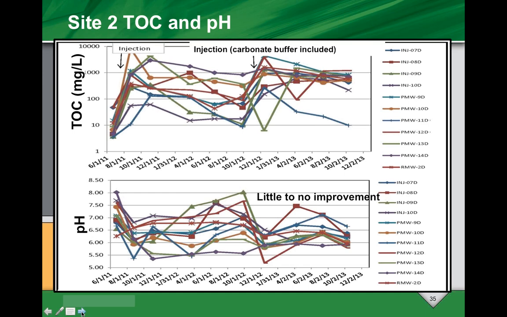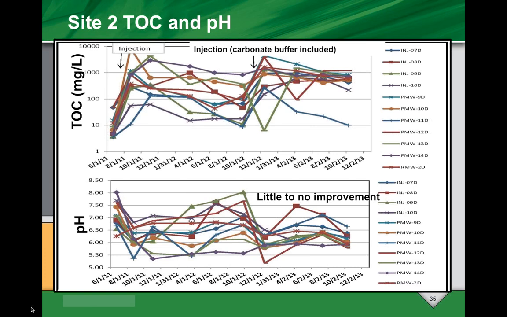Overall, we did not see where the addition of the carbonate buffer had a significant or really any meaningful positive influence on the pH. If you focus on the pH results at the bottom of the figure, you can see that again, after the second injection, the pH decreased, and really the trends were quite similar as compared to the initial injection where a carbonate buffer was not included.